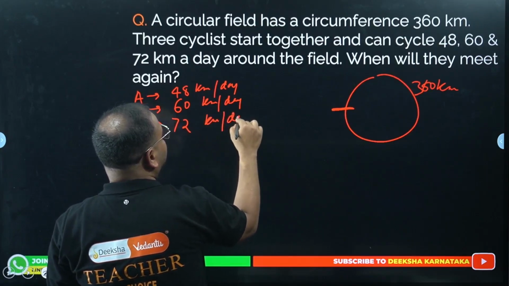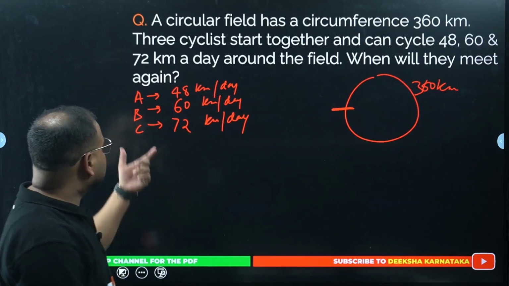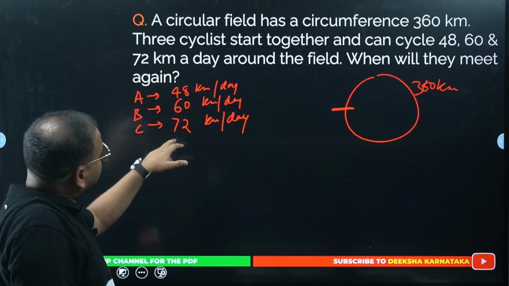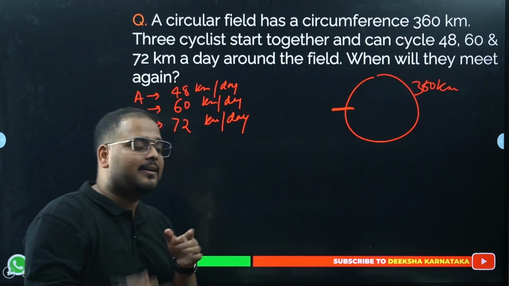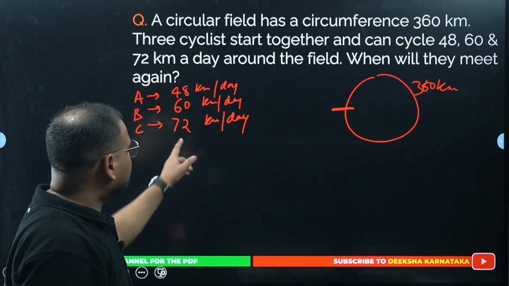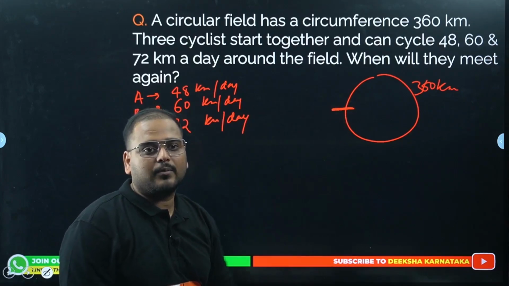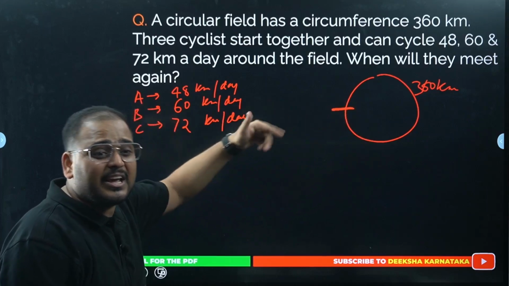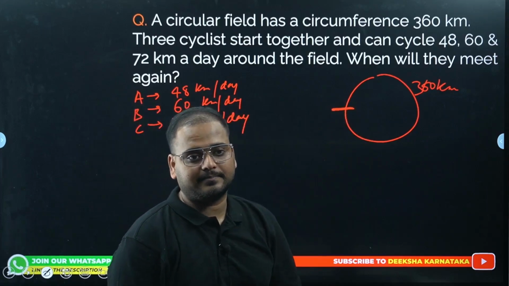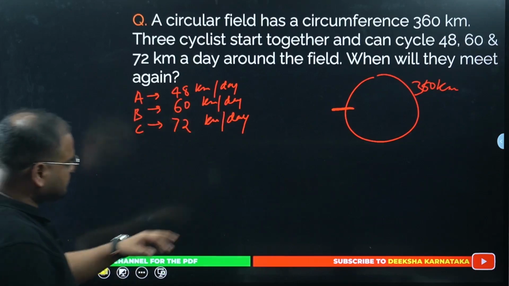C is the fittest person who can go across 72 kilometers per day cycling. Okay, now can they complete the whole circumference in one day? They cannot, because this circumference is 360 kilometers. So they'll take a number of days to complete it, right? Now how many days? That's the point. Let's try.